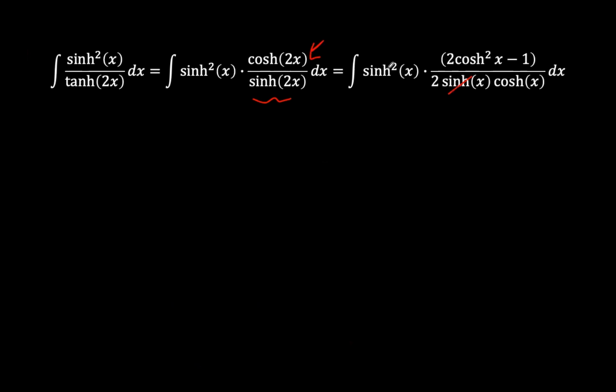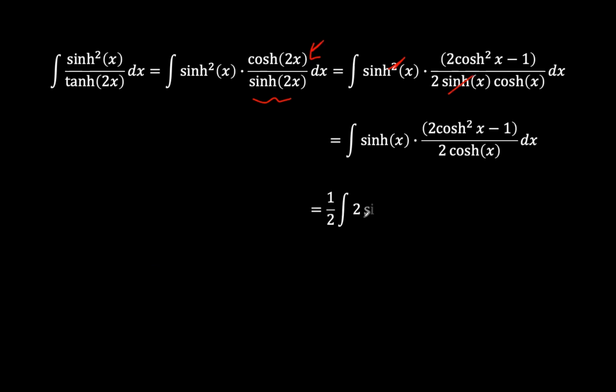And as you can see, this cancels with one of the hyperbolic sine of x there. And so we now have hyperbolic sine x times 2 hyperbolic cosine squared x minus 1 over twice hyperbolic cosine x.